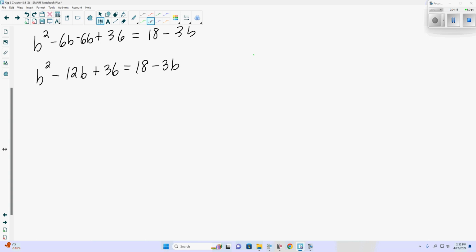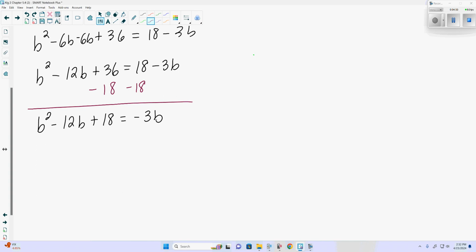No. So we need to get this equation equal to 0. What can we do first? Yeah. We can subtract 18 or add 3b first. It doesn't matter which. We just need to pick one. Because whichever one we don't do first, we're going to do it second.